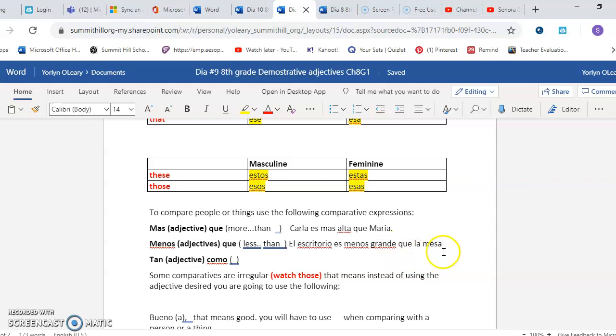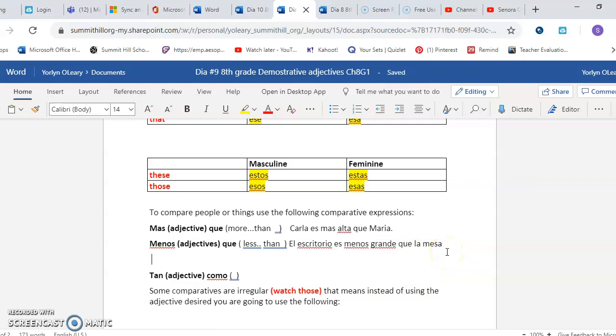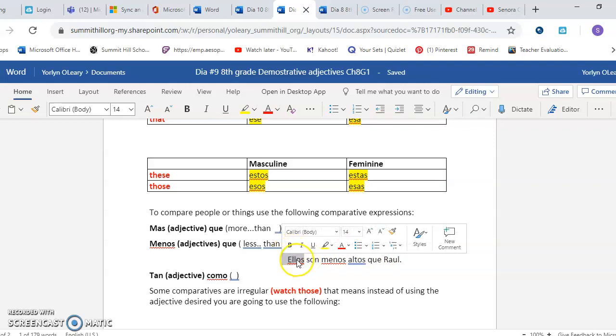I could also use this example. So just to clarify it, I could say, ellos son menos altos que Raúl. And notice, the adjective alto or alta has to match with who is speaking in the sentence. Who is speaking in the sentence? Ellos. So notice that it's ellos, more than one.